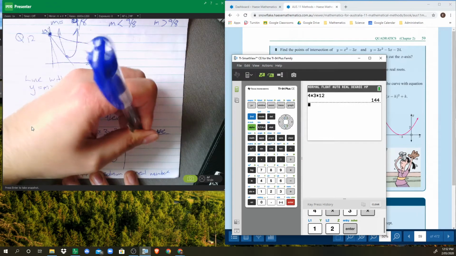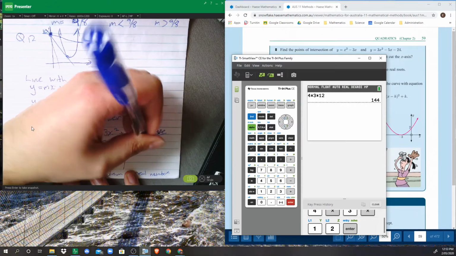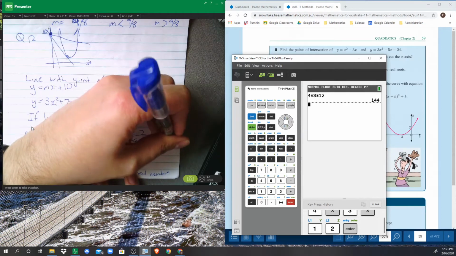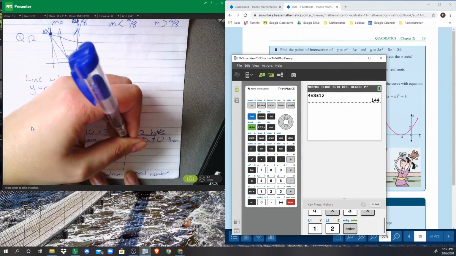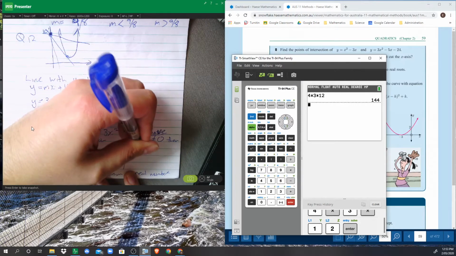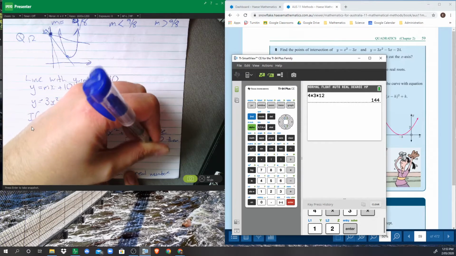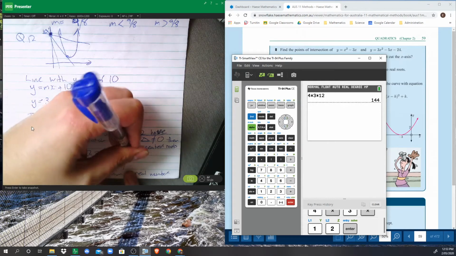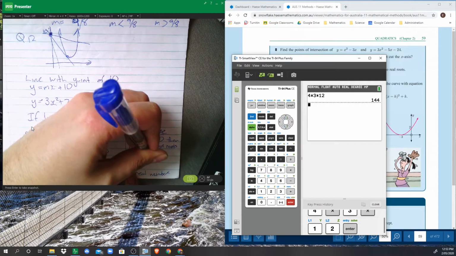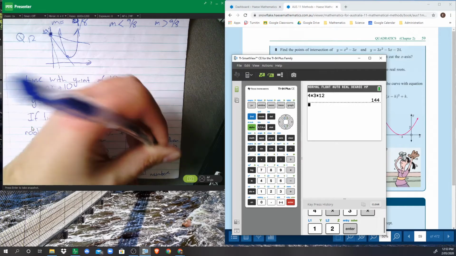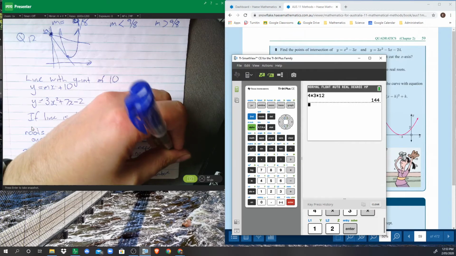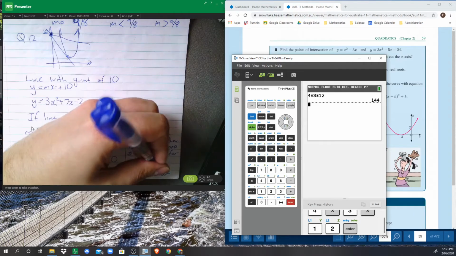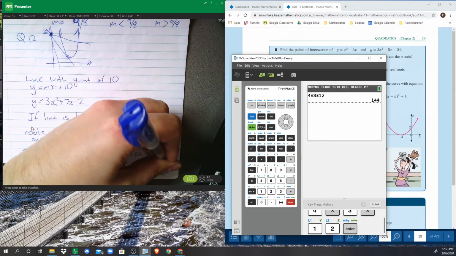As delta cannot equal 0, then there's no repeated roots, and that implies no tangents for lines of c equals 10.